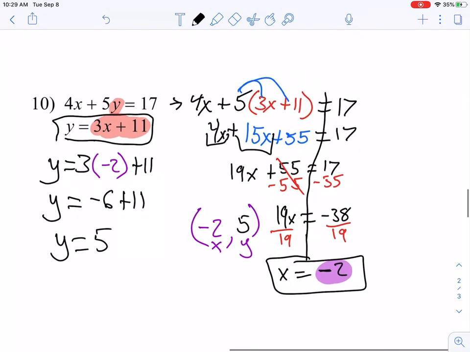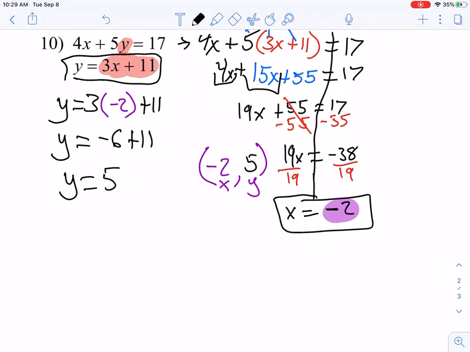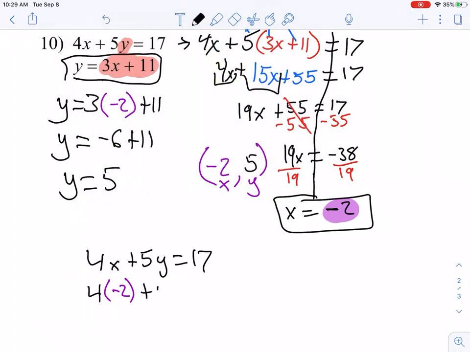You could, and I guess I'll show you this just down below. If we were to take our top equation of 4x plus 5y equals 17, and we plugged x in on this equation, now this is something you don't have to do, but I want you to see.